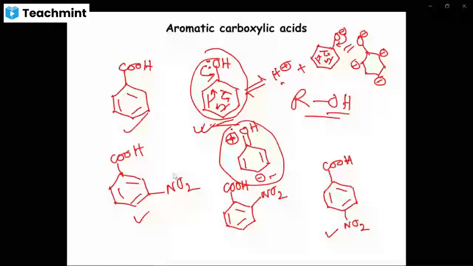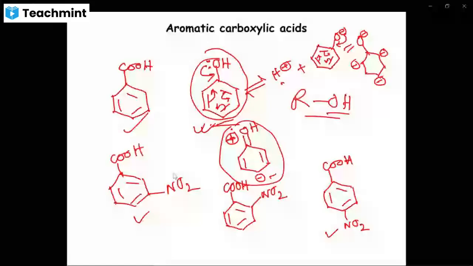But you are saying para is more acidic because you are thinking that the negative charge which will be created in the conjugate base will be delocalized in the nitro group, right? Yes, that cannot enter into the ring, right?